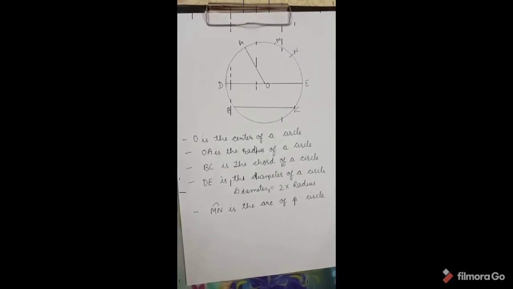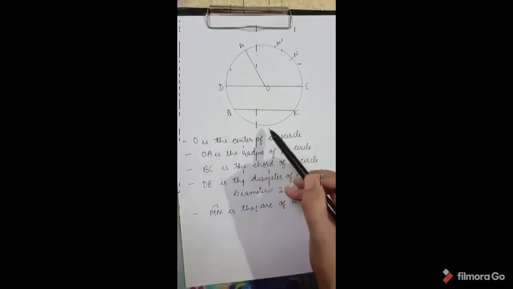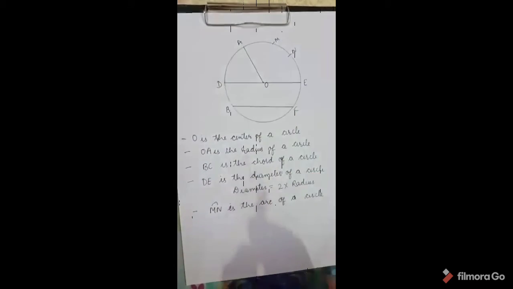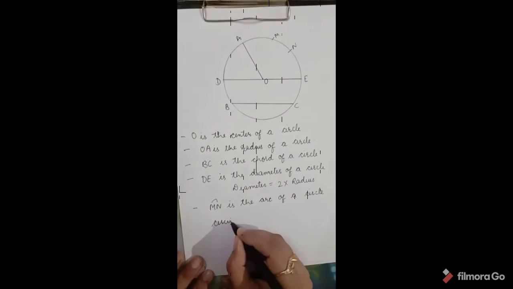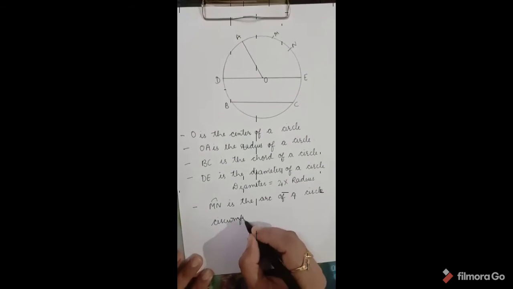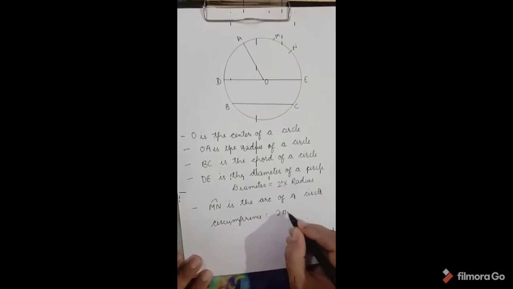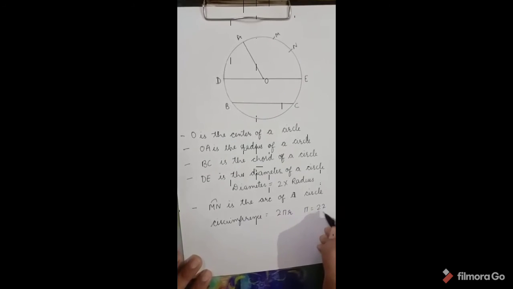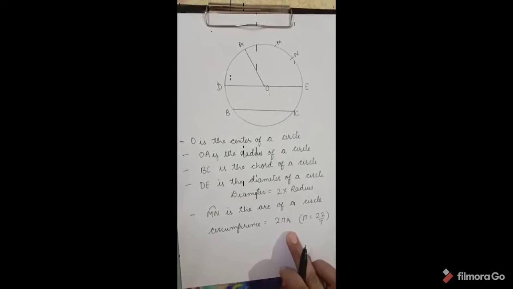Now the circumference: the measure of the closed curve forming a circle is called circumference. Circumference is calculated by the formula 2 pi r, where pi is equal to 22/7 and r is the radius of the circle.